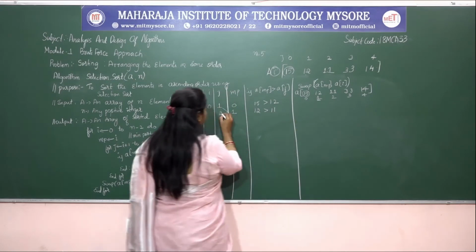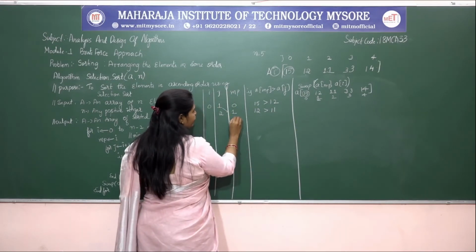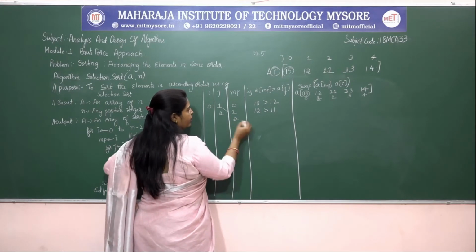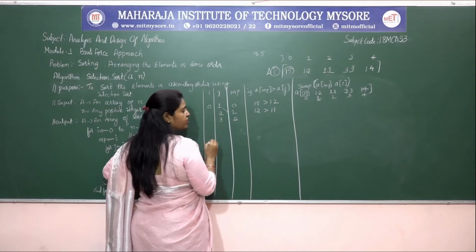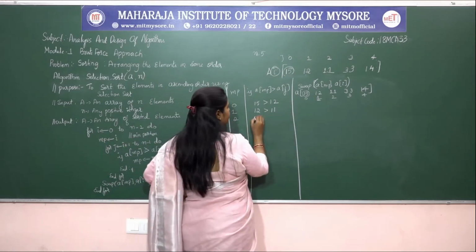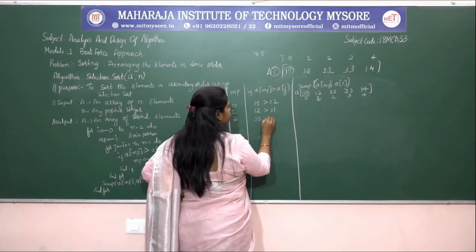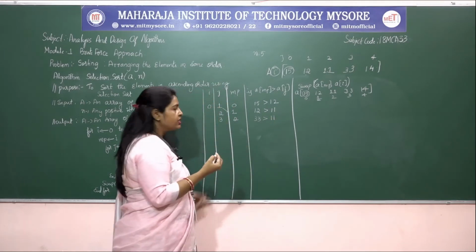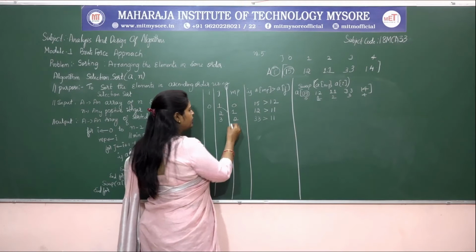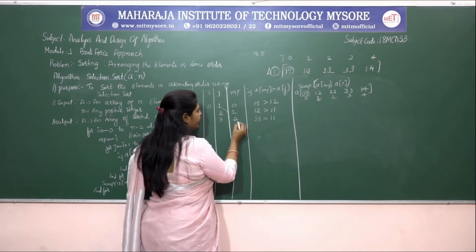Again it is true. Now MP is set to J, that is 2. Next, after the action, J gets incremented, J is 3. So now the third position element is 33. 33 greater than 11. Is it true? No, it is false. If it is false, no action, MP will remain as it is.